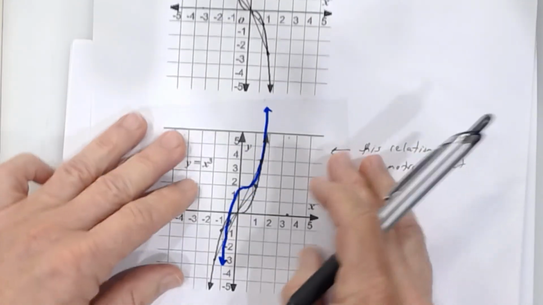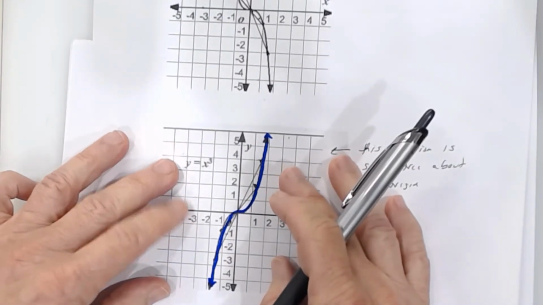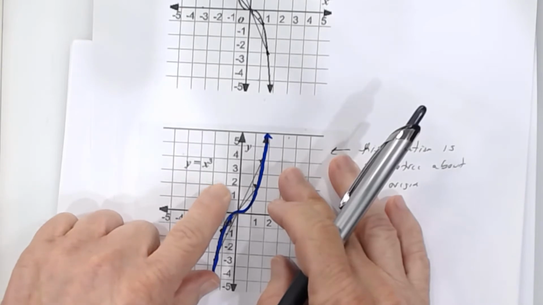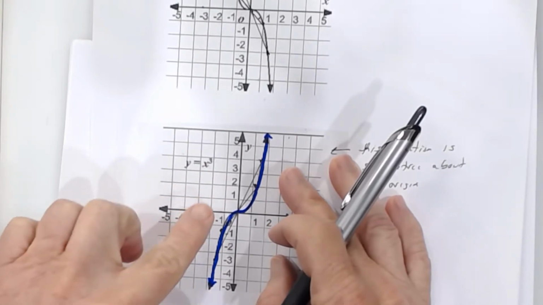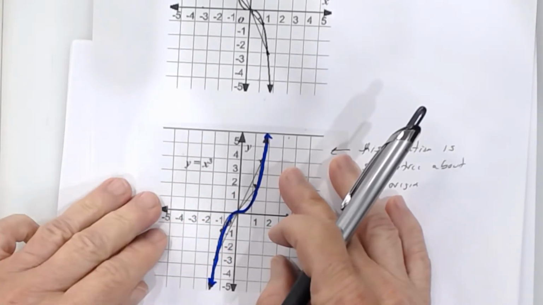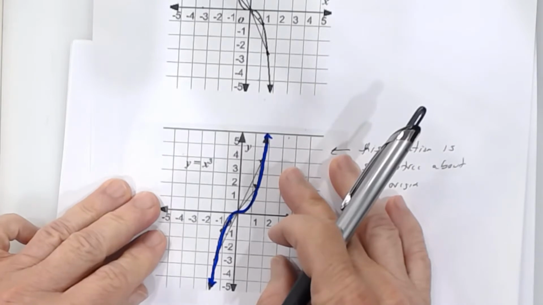But x cubed itself, there's no other term there. X cubed itself, the cube, is odd. So remember that for x cubed, since it's odd, it does have symmetry about the origin.